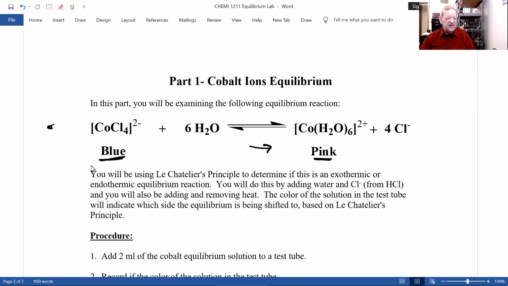Today in the lab, you're going to determine by a series of experiments which side the heat is on for this reaction. Part of the question is to rewrite this: cobalt tetrachloride plus 6 waters gives you cobalt hexahydrate plus 4 chloride anions, and either on this side or this side will be plus heat.